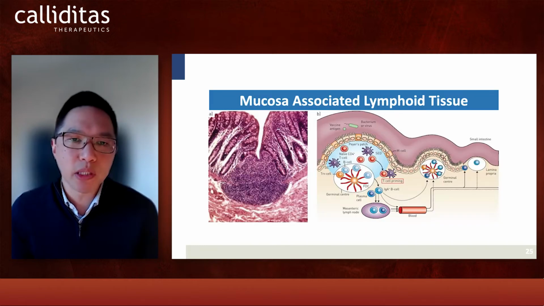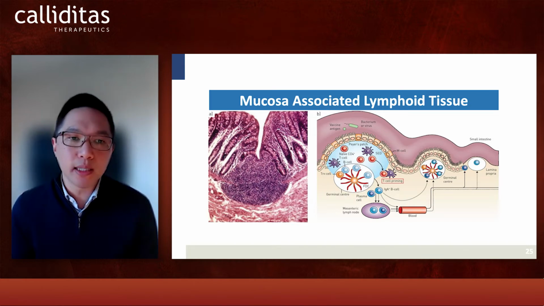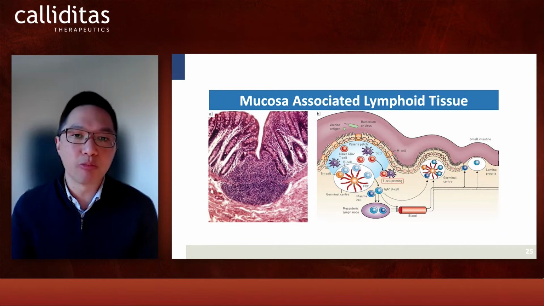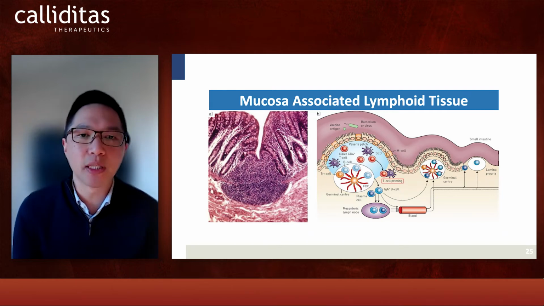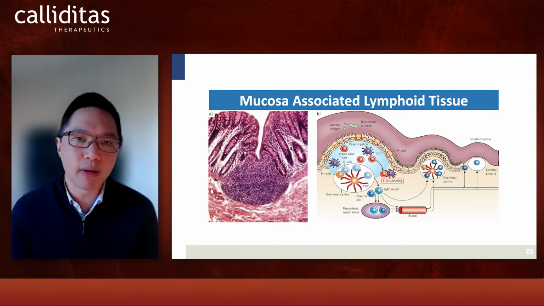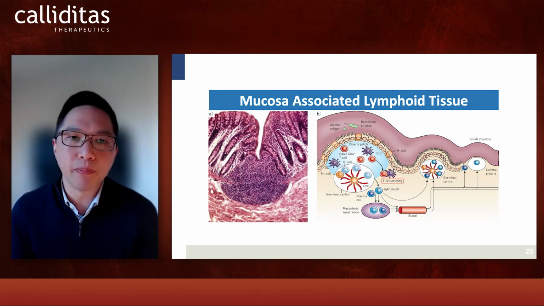So I just really wanted to focus now on the mucosal associated lymphoid tissue. As I said before, the gut is the main site of production of IgA in the body. This mucosal associated lymphoid tissue is focused in specialized collections called the Peyer's patches, and these are most concentrated in the terminal ileum.